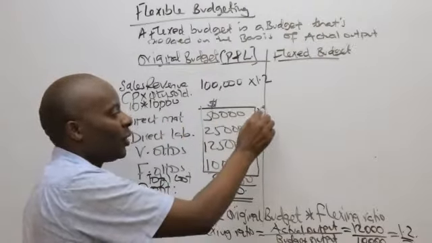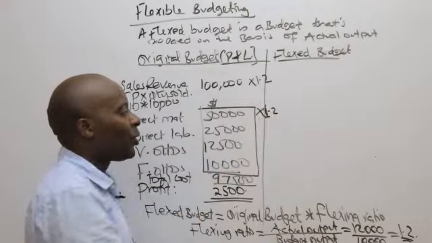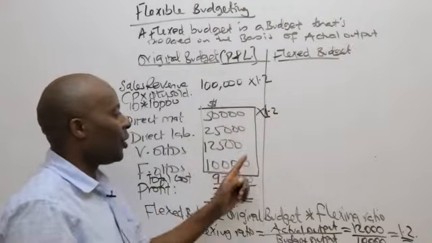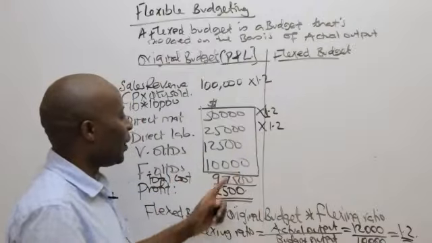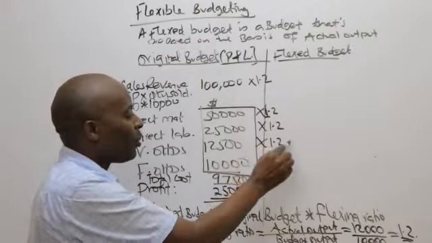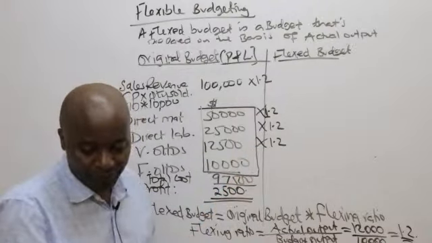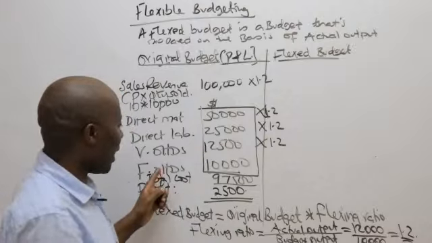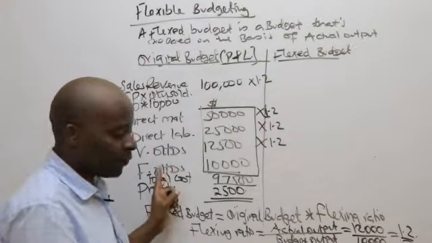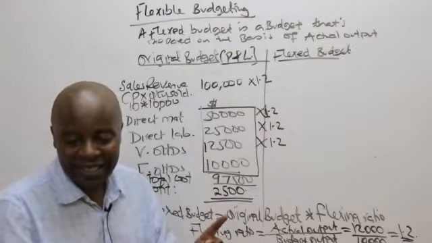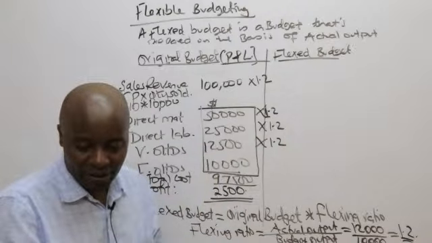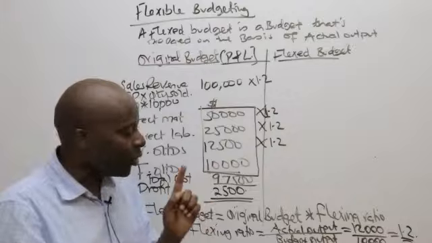Then we have variable overheads, we have to flex this one by multiplying it with 1.2. And ladies and gentlemen, lastly, we don't flex fixed costs. Fixed expenses are not flexible.